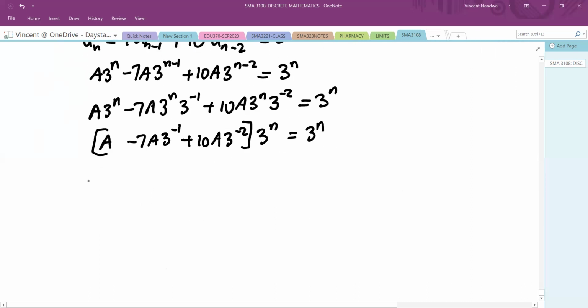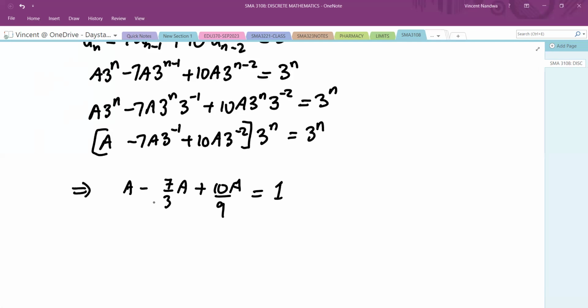So this implies a minus 7a over 3 plus 10a over 3 squared, which is 9, should give us 1, the coefficient of 3^n on the right-hand side. So here we have a times (1 minus 7 over 3 plus 10 over 9), which will give us negative 2 over 9.